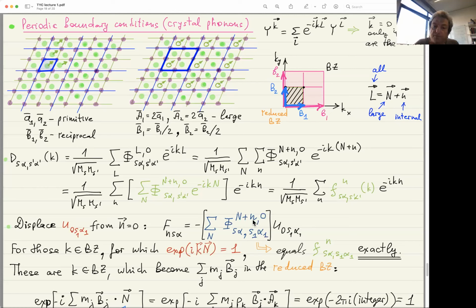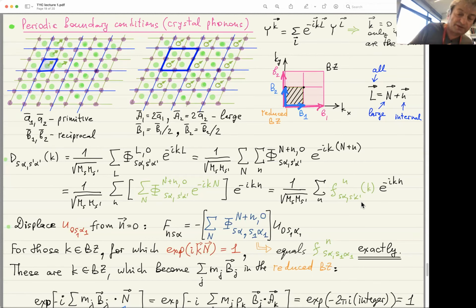So as before in the frozen phonon approximation, we will obtain a column of that whole matrix. So the column of that matrix with the given S prime alpha prime, but for all S alpha will be obtained. Now we take another atom and displace it, or the same atom but in a different direction, and you obtain another column of this.